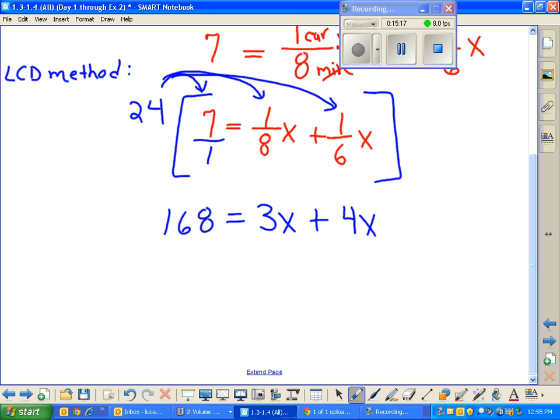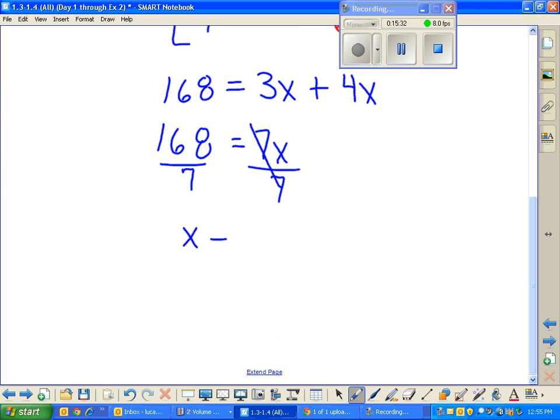Woo! Fraction's gone. So nice. So nice. You like that, right? It's nice. So we have 168 equals 7x. Divide both sides by 7. Bam. That's kind of nice. You get 24 again, right?